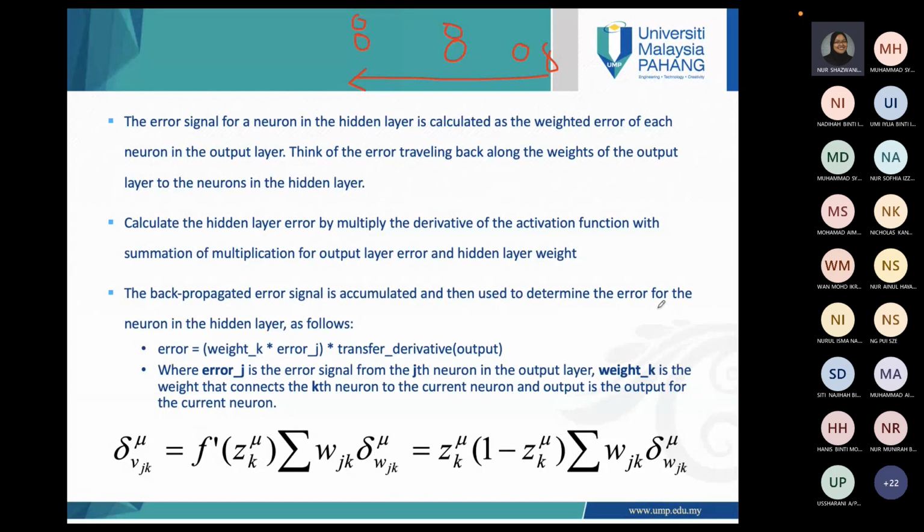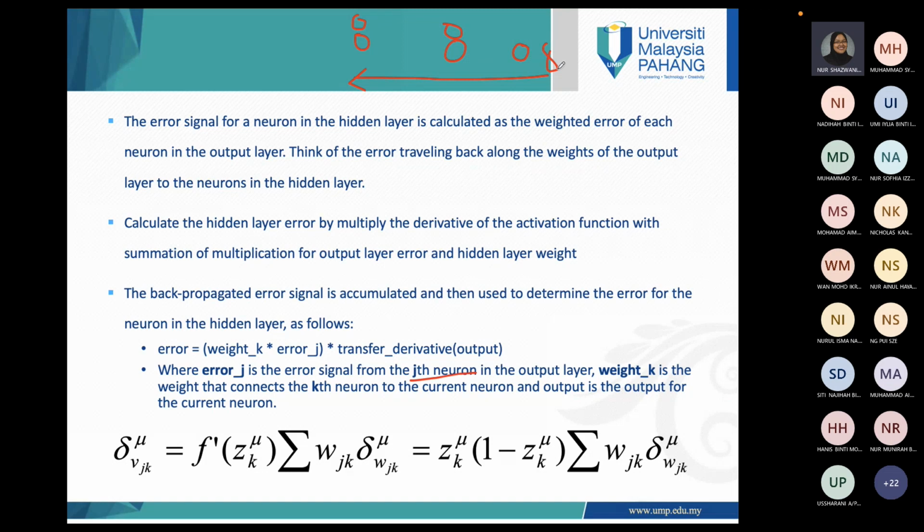Once we have updated the weights, we calculate a new error. We have the original error here, and we calculate a new error as weight k times error j times the transfer derivative of the output. Error j is the error signal from the jth neuron in the output layer, that means the original error that we get from the output layer.